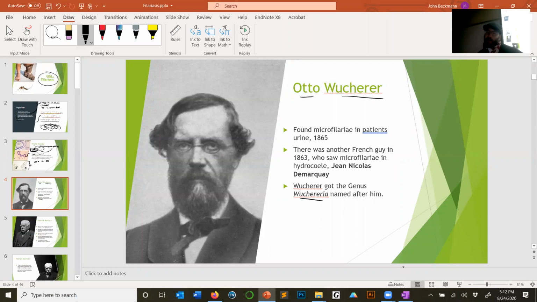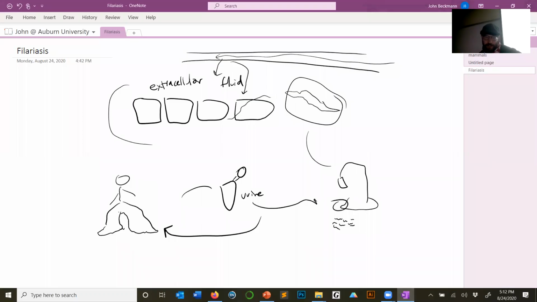Now, there was another person independently, 2 years before 1865, a French person named Jean-Nicolas de Marquet, who identified microfilaria in hydrocele. Hydrocele is this strange liquid in the scrotum that surrounds the testes.